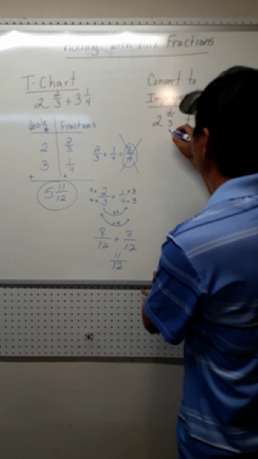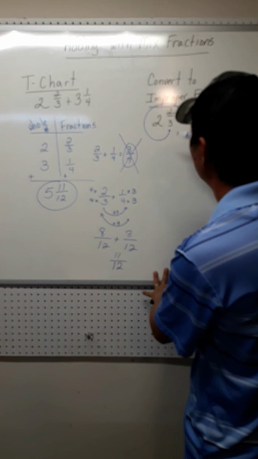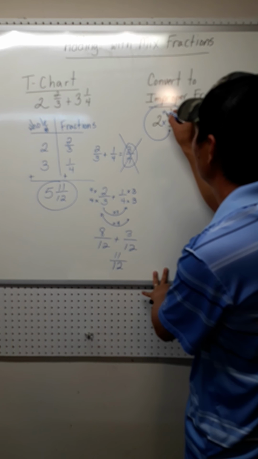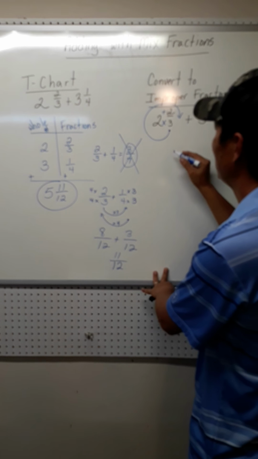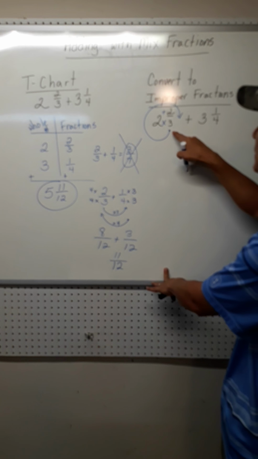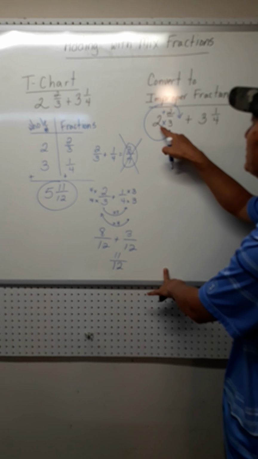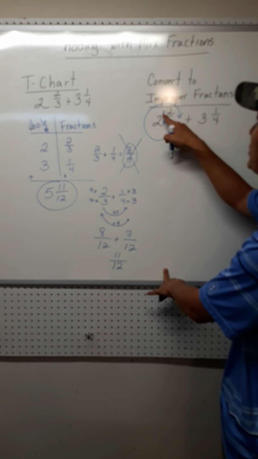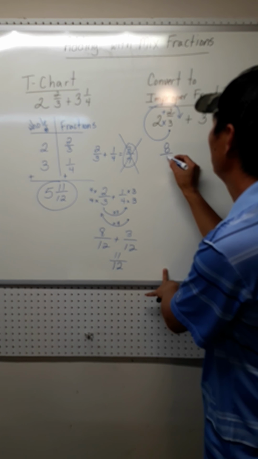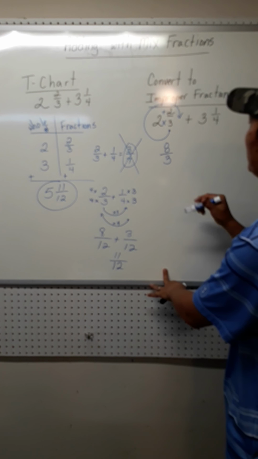So I take my denominator and make it a clock. Multiplication first, addition second. So 3, my dot tells me where I'm going to start from. 3 times 2 is 6, 6 plus the 2 is 8, over 3. That's what I started with.